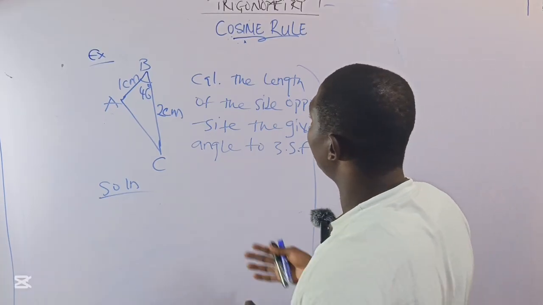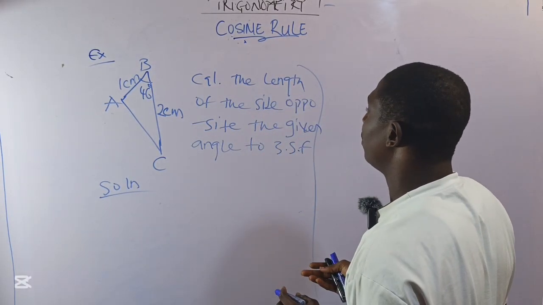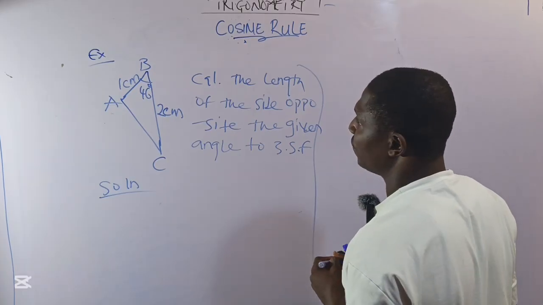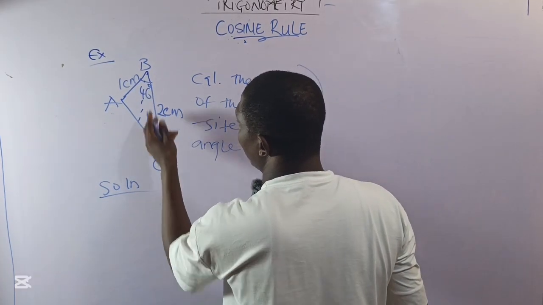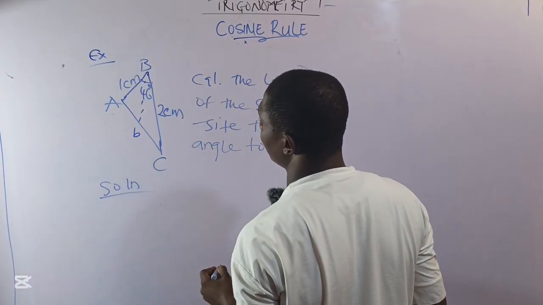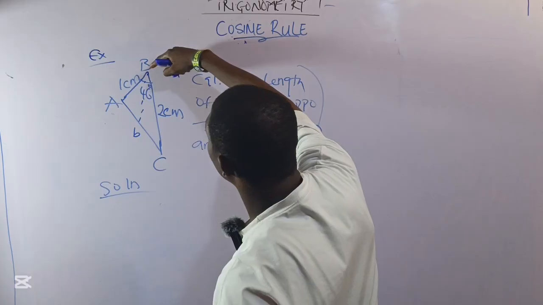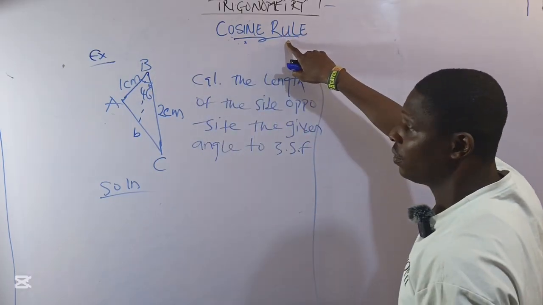So again, we have this. They said we should calculate the length of the side opposite the angle to 3 significant figures. This angle here is facing AC, so I can take it as small letter b. And since we have two sides given and the included angle, we are using cosine rule.